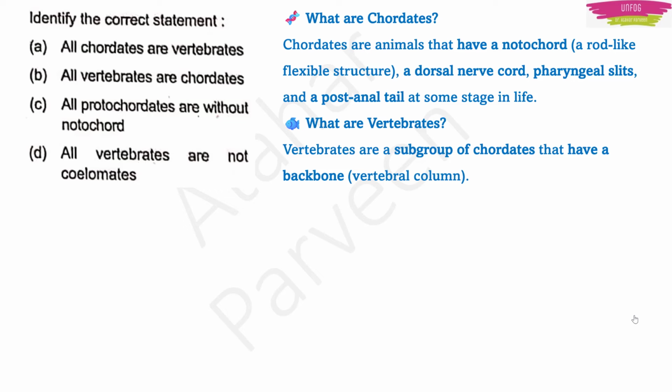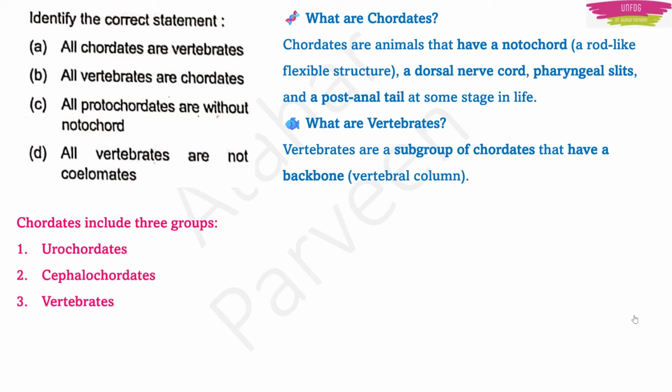Then what are vertebrates? You should know that also, right? Vertebrates are a subgroup of chordates that have a backbone, that is the vertebral column. Going more into details, chordates are having three groups: urochordates, cephalochordates and vertebrates. These urochordates and cephalochordates are together known as protochordates.